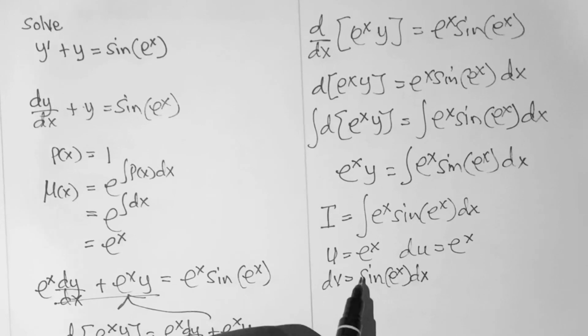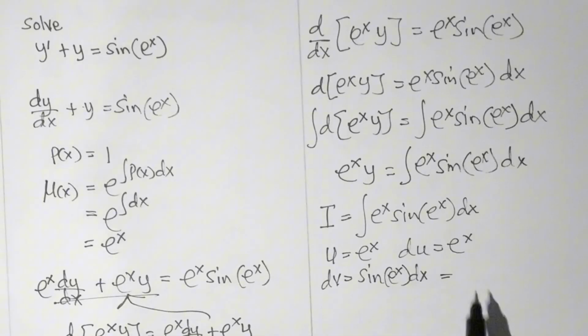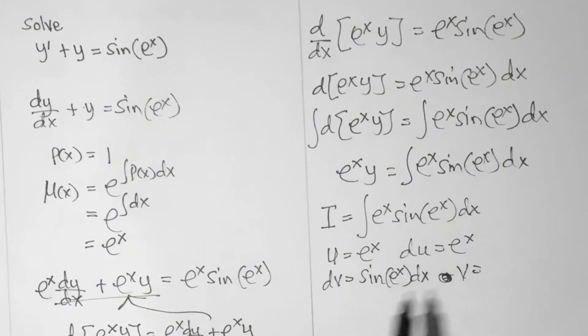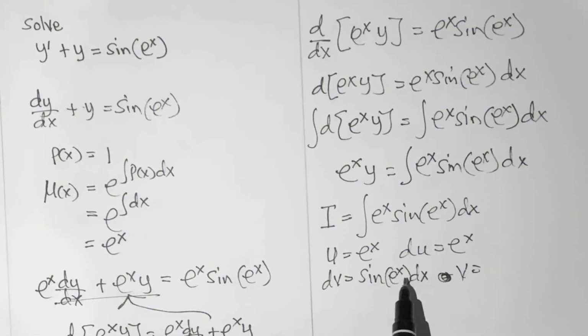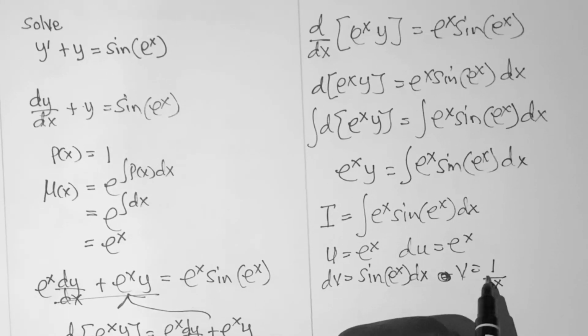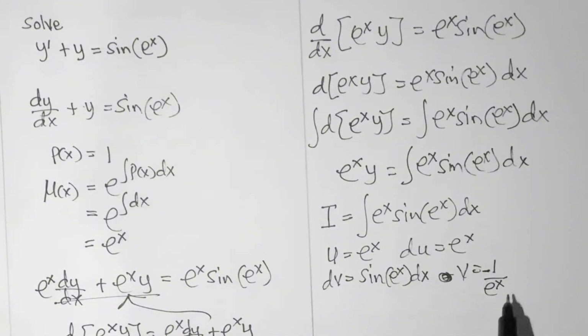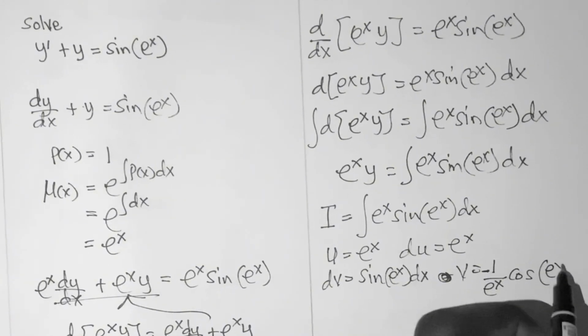So if you integrate sin(e^x) dx, you first integrate what is inside. So v is equal to, now if you integrate sin(e^x) dx, you will get minus 1 over e^x, then cos(e^x).